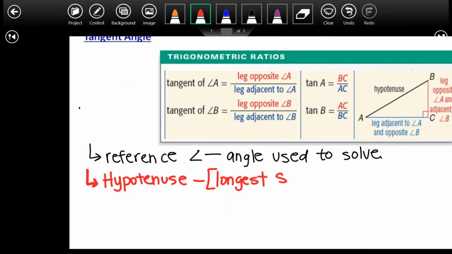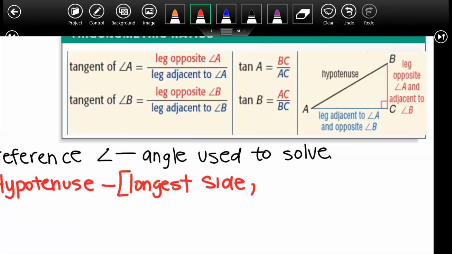Longest side. Opposite to the 90-degree angle, meaning the angle does not touch it.